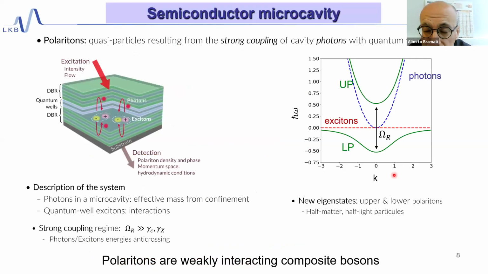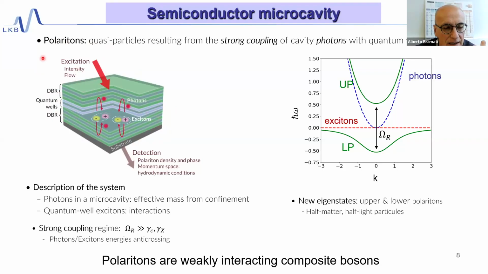Okay, let's start with the polariton system. The physical system under investigation is the so-called semiconductor microcavity that we can see here, constituted by a quantum well, which is placed between two Bragg mirrors. This system is equivalent to a Fabry-Perot of very high finesse with a nonlinear medium inside.